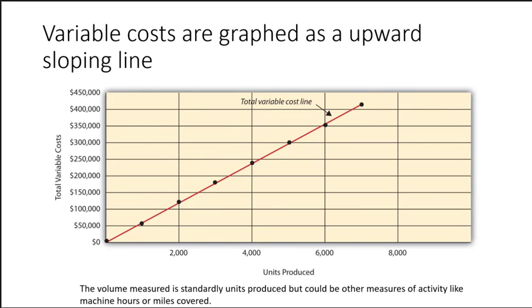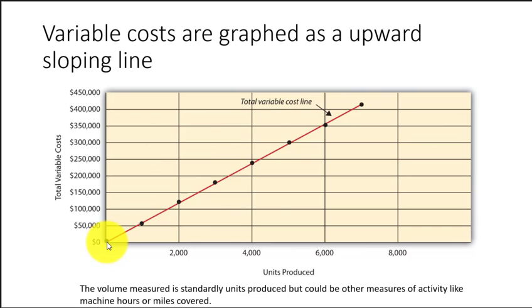And so if a cost is truly variable, then when you make 0 units down there in the left-hand corner, that's how many units produced on this axis, the x-axis, then you would have 0 cost because if you make 0 bicycles, you need 0 wheels.